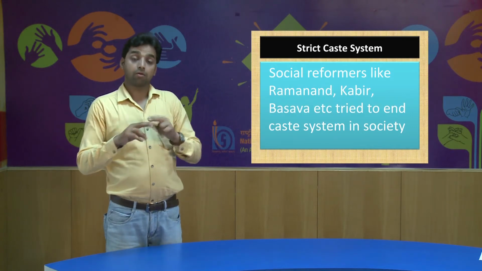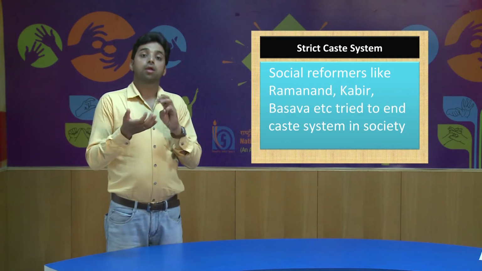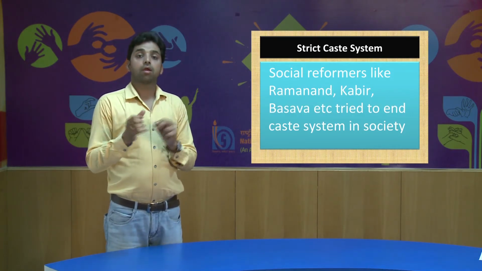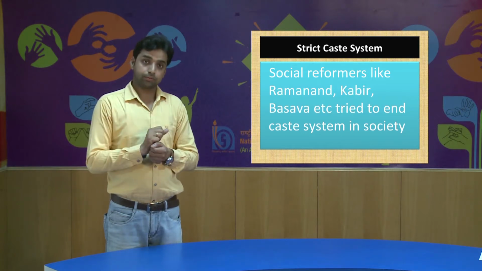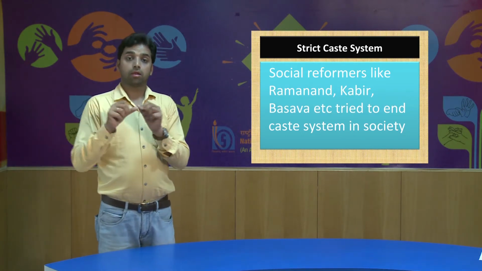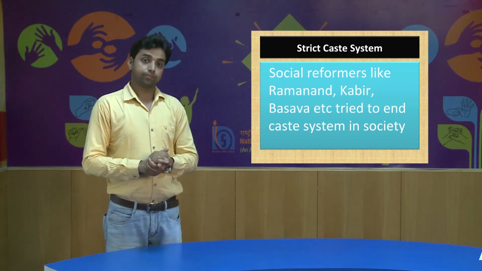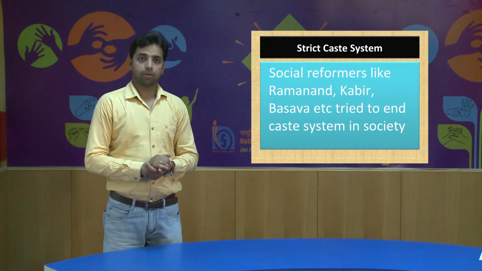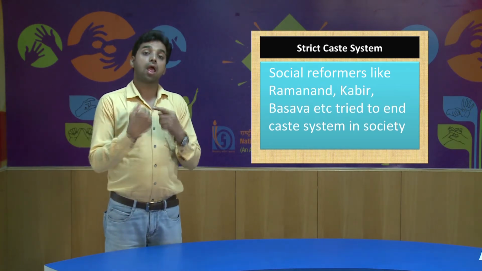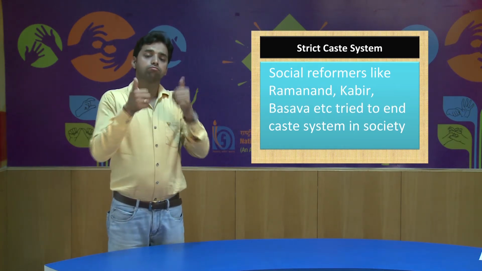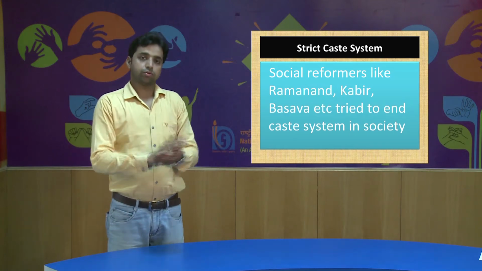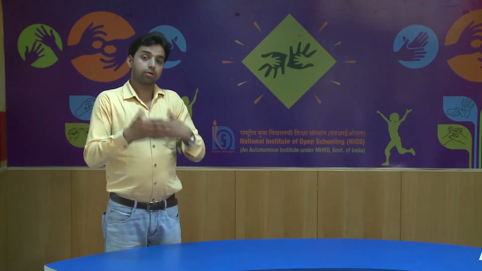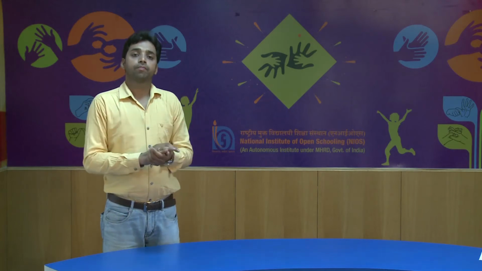Reformers like Ramanand, Kabir, etc. tried to end the caste system in the society. However, this practice had become so strong that it was not easy to end it.